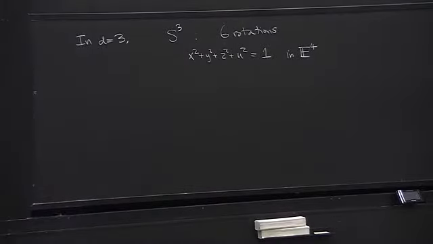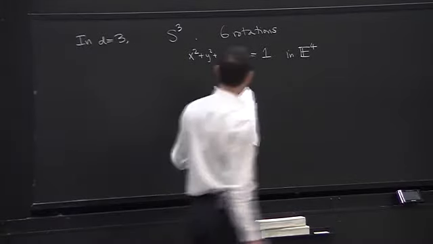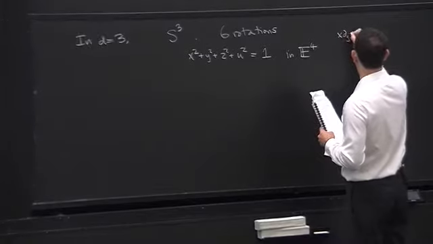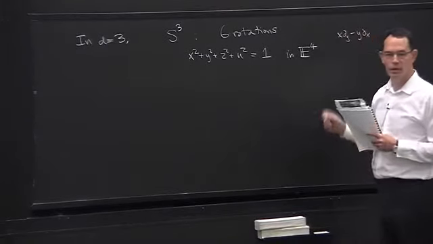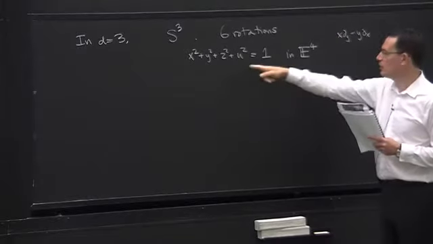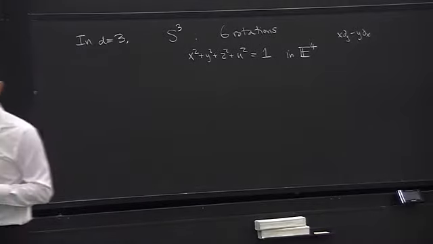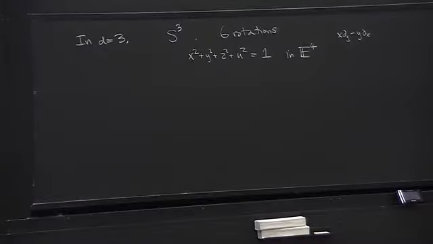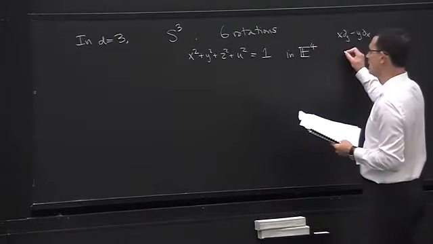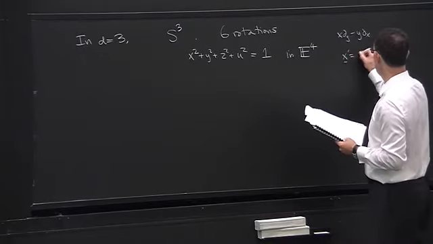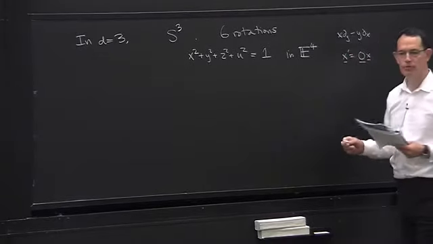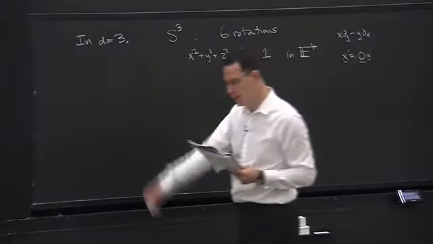And then you just ask, well, what are the rotations in 4-dimensional Euclidean space? Well, the rotations are things like x dy minus y dx. That's a rotation. And in 4 dimensions, there are 6 independent quantities like that, 6 independent rotations, and they just rotate the sphere around. Or you could think about this as antisymmetric matrices. X prime equals OX, where O is a 4x4 matrix. The generators are antisymmetric 4x4 matrices, so there are 6 of them.